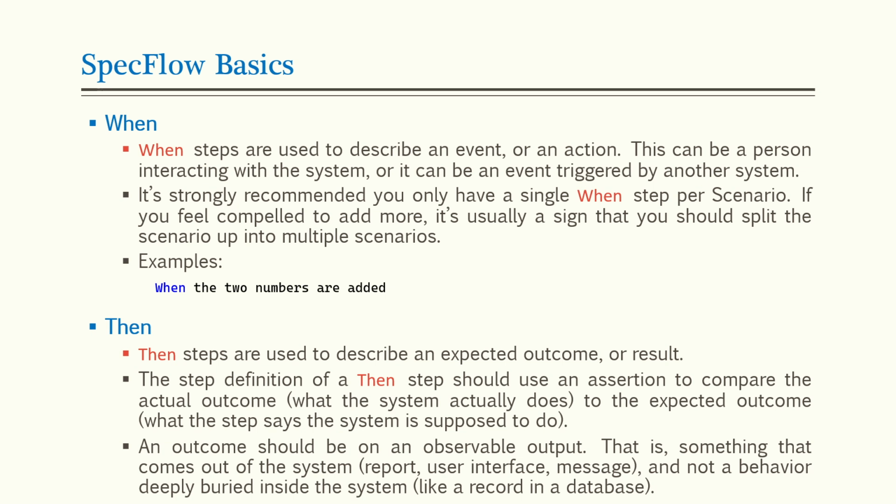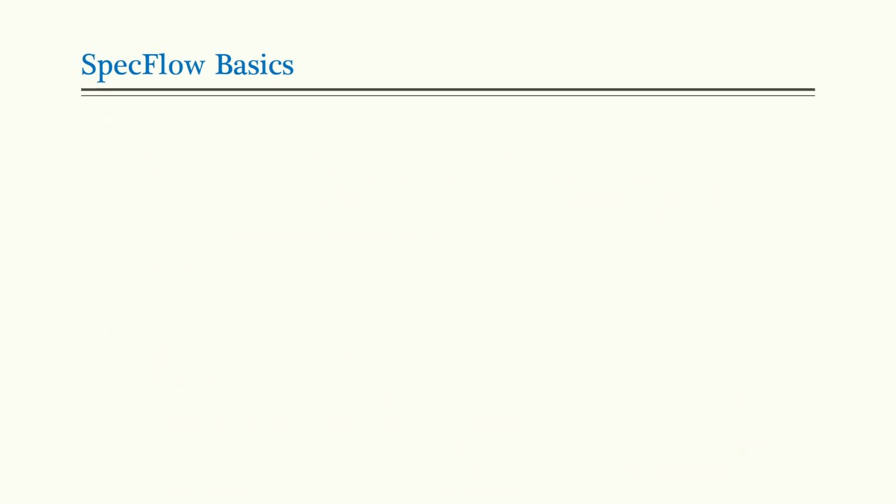An outcome should be an observable output, that is something that comes out of the system, such as a report, user interaction or user interface message, and not a behavior deeply buried inside the system like a record in a database. So the example: then the result should be 120.